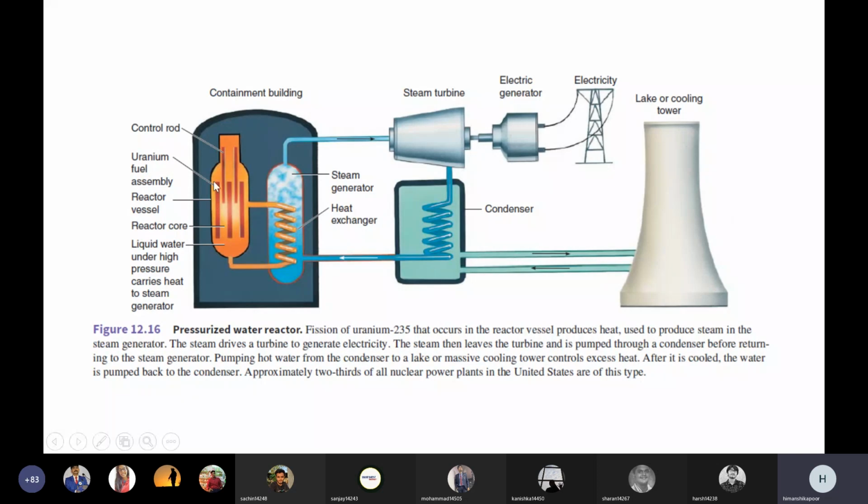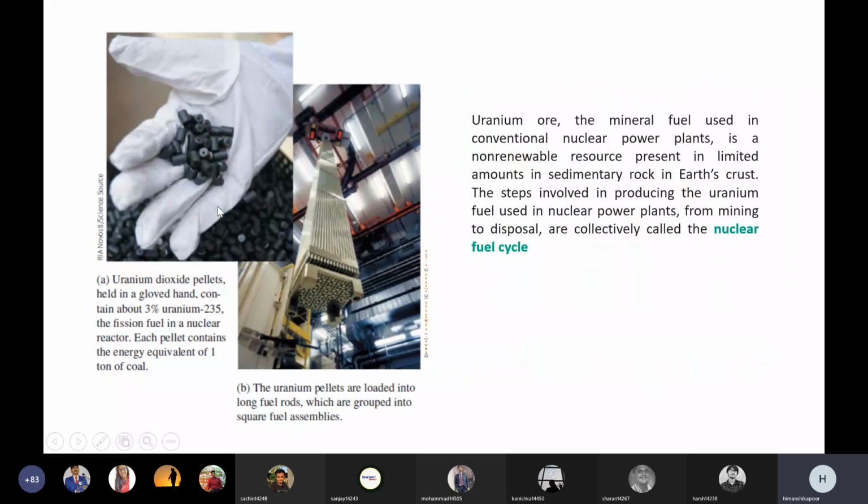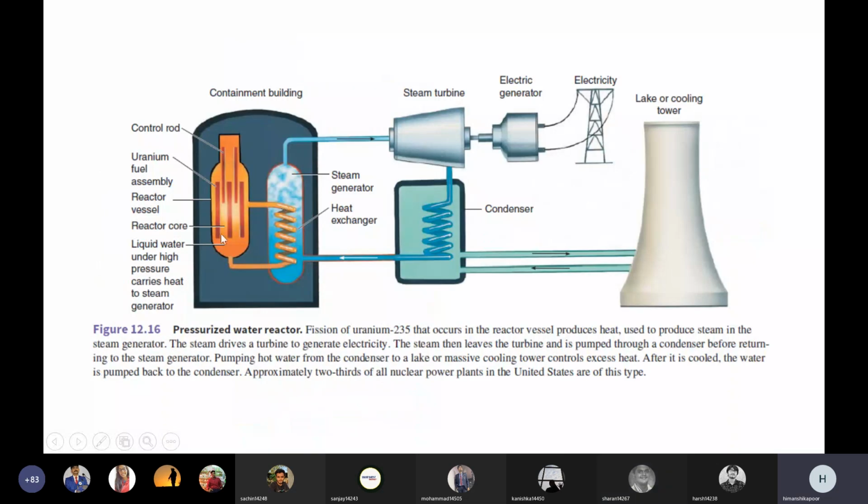Now, this uranium fuel is enriched uranium. Here I had shown you, these are the uranium pellets and these are made into fuel rods. These are the fuel rods which are present in the core. So what is happening in a reactor? There is controllable fission. You start off the reaction with a single neutron. You put the control rods at specific positions and control the fission reaction.